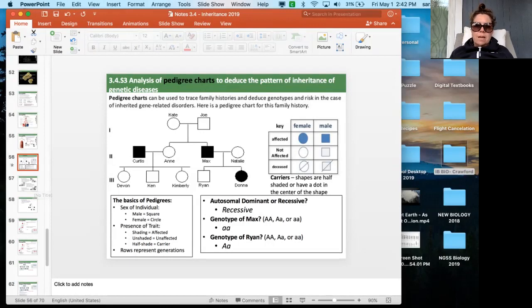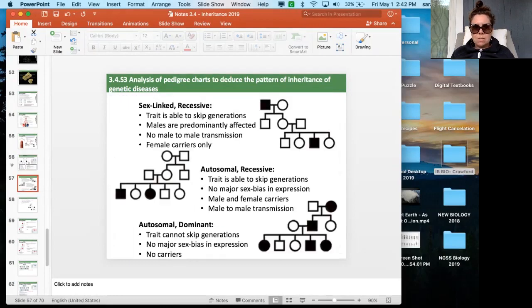So they are able to pass it on to their offspring, but they might not ever know that it's actually in their DNA because they don't express any of those traits. So that's true for recessive. We can see recessive sex-linked or recessive autosomal. You can see carriers. There aren't any shown on this particular diagram, but you'll see some that have some.